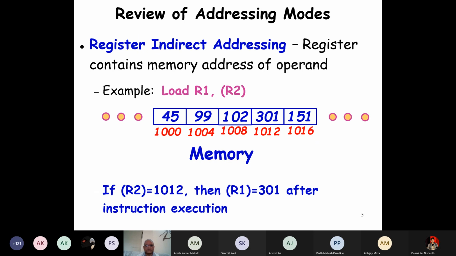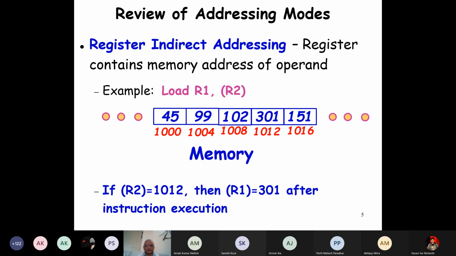Now let's look at the register indirect addressing. In the register indirect addressing, the address of the memory where the operand is present is there in the register R2. R2 register contains the memory address where the operand is present.